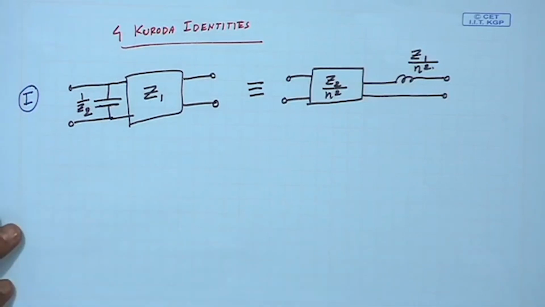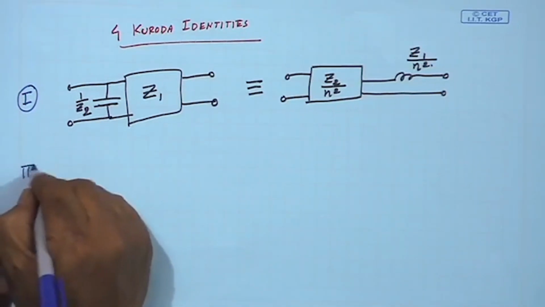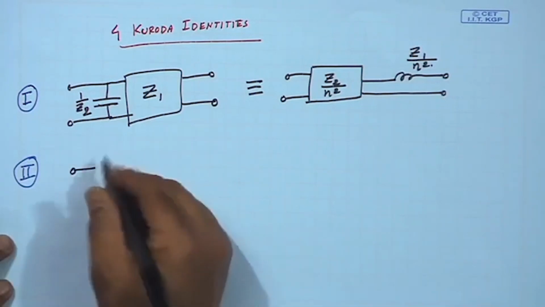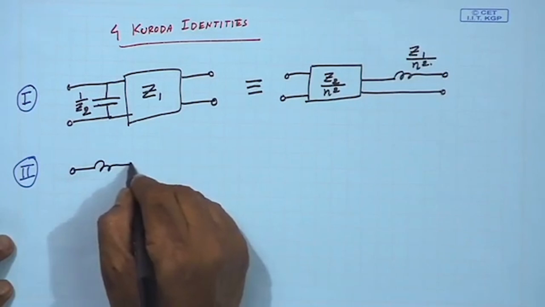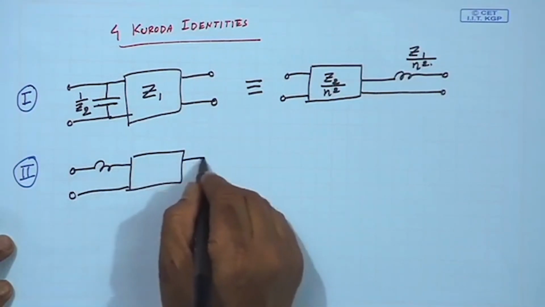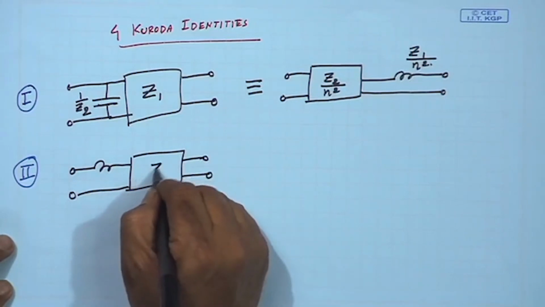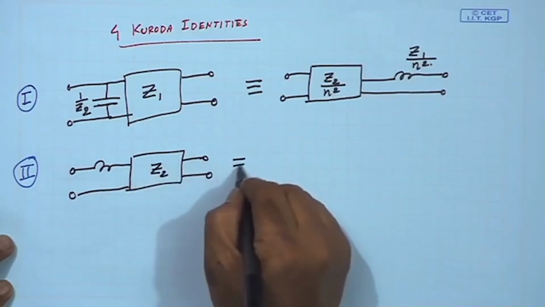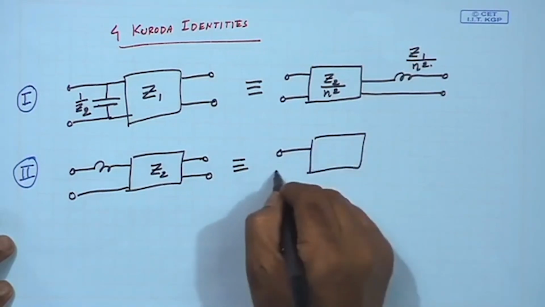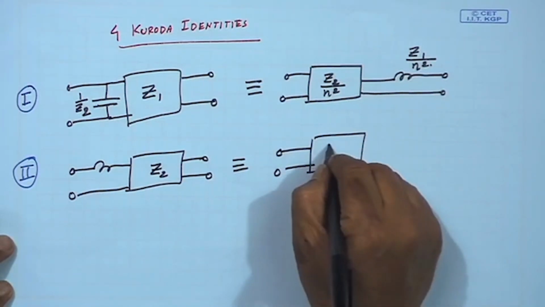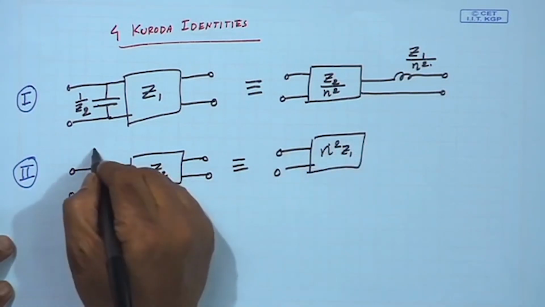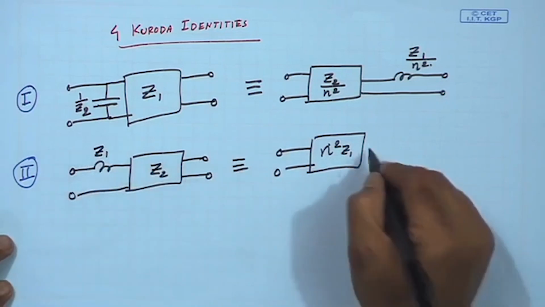Kuroda identity second type is like this, that you have a series inductor, this is equivalent to, he says that you have this value is Z1.